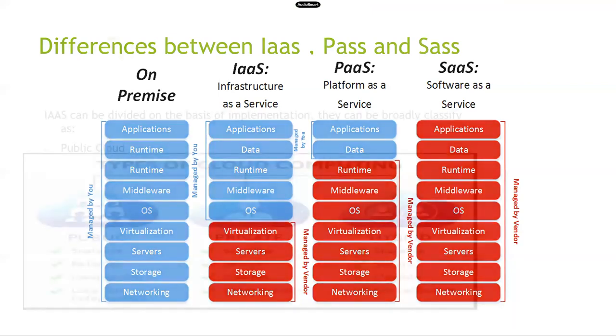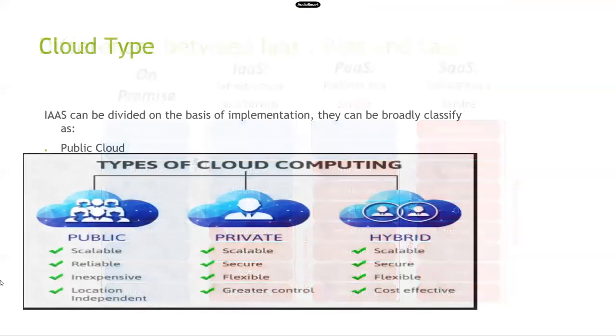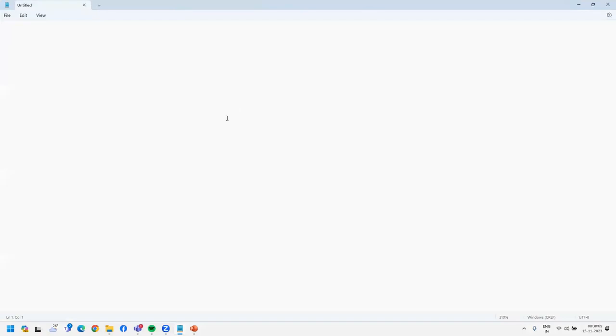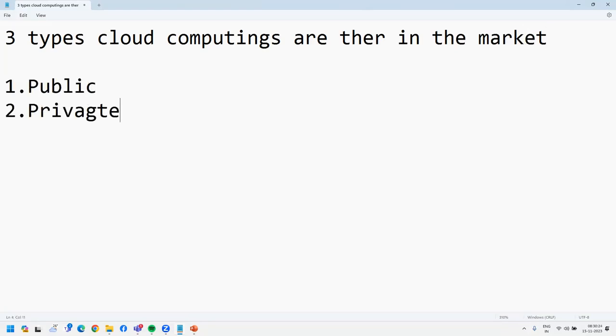Okay, yeah, next. There are three types of cloud in the market. What are they, guys? Anyone? There are three types of cloud computing in the market. Public, private, hybrid. Yes, one is public, the other one is what? Private. Private, and another is hybrid. What is public, guys?